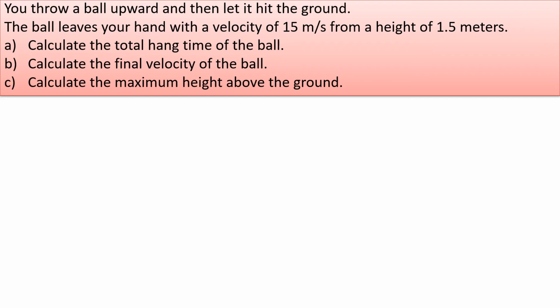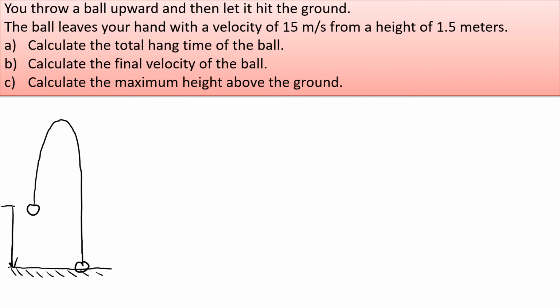In this case, you're throwing it from a height of 1.5 meters above the ground. So this is the ground. This is kind of like a physics thing to draw the ground like that. And then boom, here's the ball. It goes up, and then it hits the ground here, and it starts at a displacement of 1.5 meters.